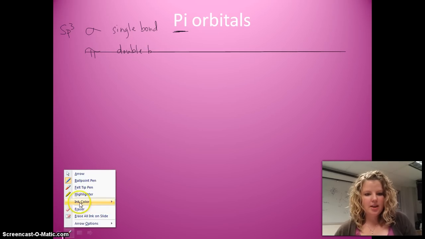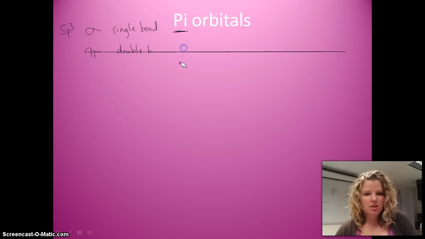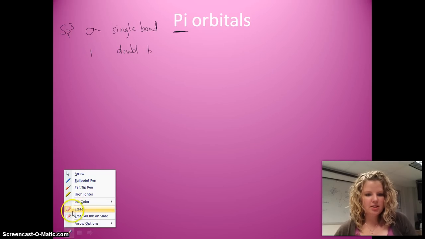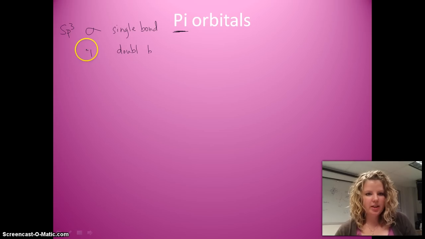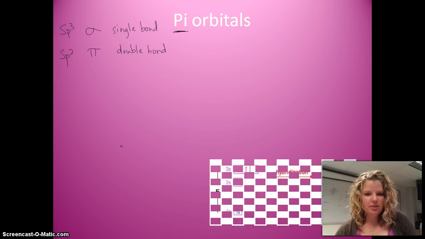These get a little bit more confusing as far as the hybridization goes, but I'm going to try to just give you a quick look at it here. So a pi bond is a double bond, and double bonds are going to be sp2. And then I can show you how that works.